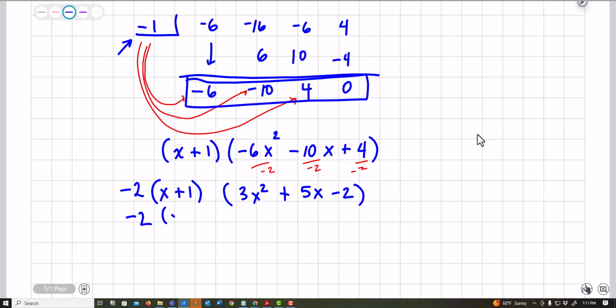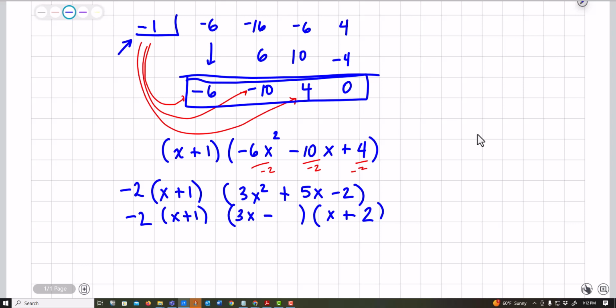And then finally, I look to see if this is something that I can factor. And I know the only way to get 3x squared is 3x and x. I know the only way to get 2 is 1 and 2. I just have to figure out which one goes where. Well, think about it. If you do 3 times 2, that gives me 6.